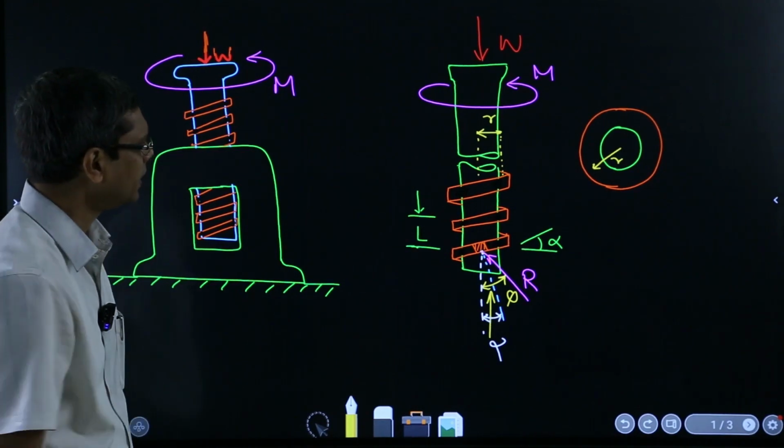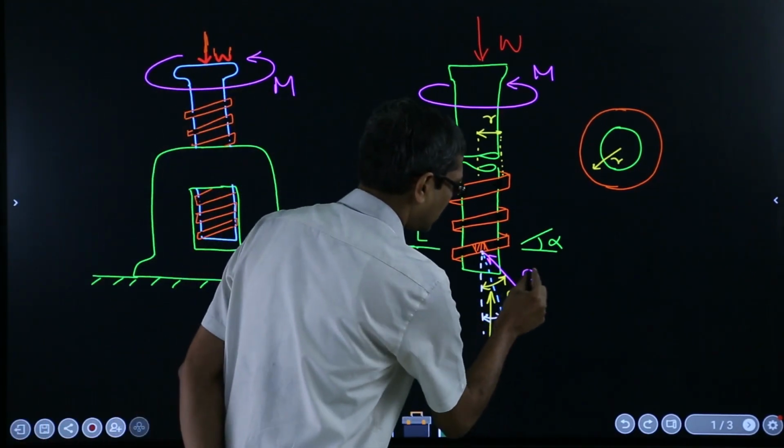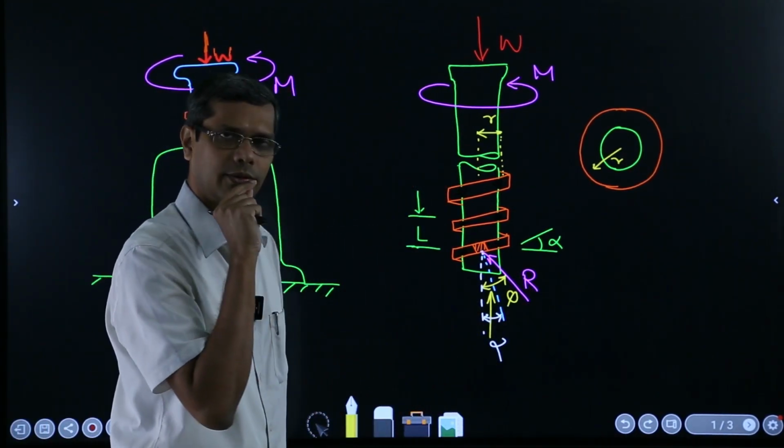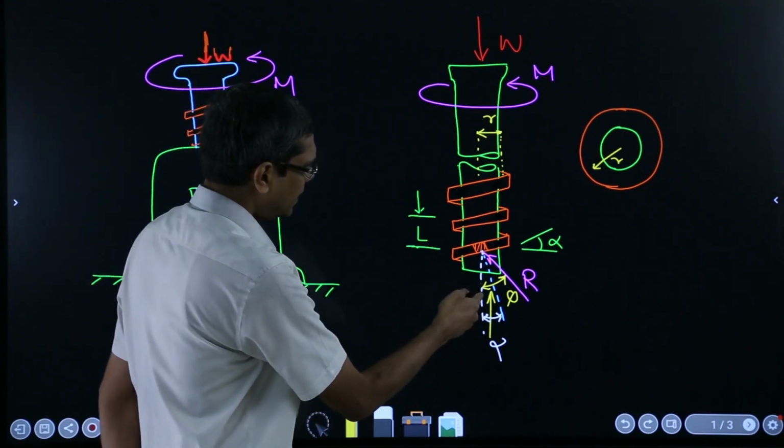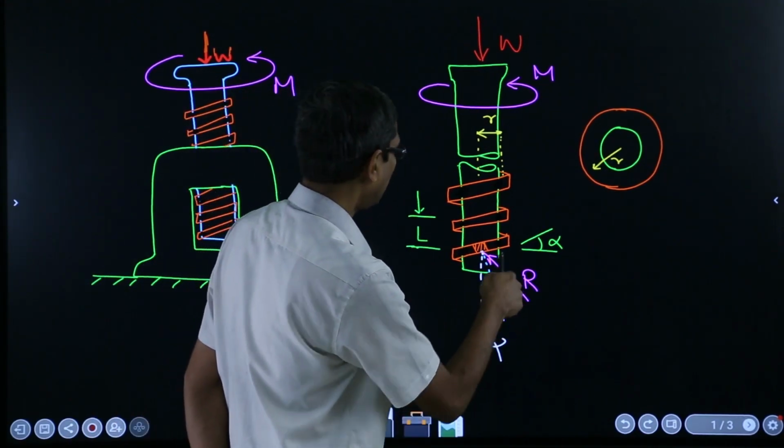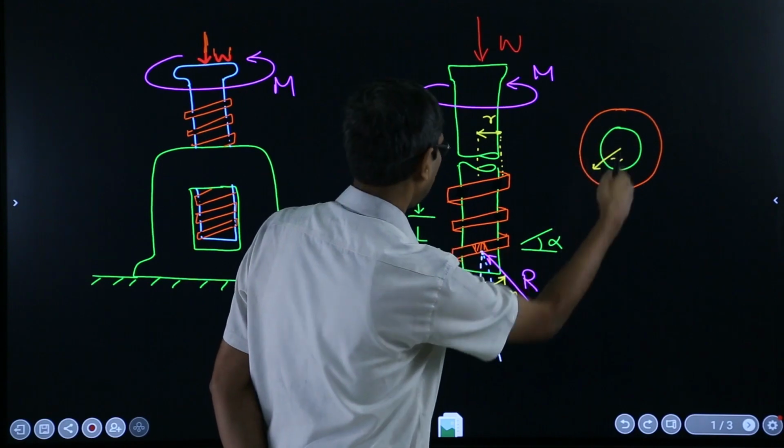Now, if that is phi and this is alpha, we are in a condition to correlate these things. Think about this small elemental force R, its horizontal component.